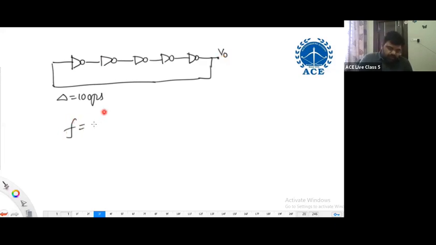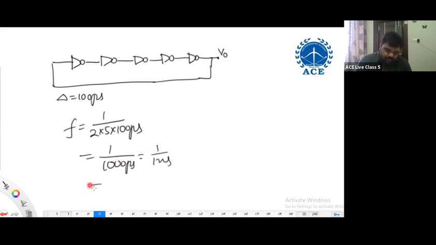Then F equals 1 by 2 into 5 into delta, where delta is 100 picoseconds. 1 by 1000 picoseconds is 1 by 1 nanosecond, which is 1 gigahertz. Answer is 1 gigahertz. I hope everyone can calculate that.